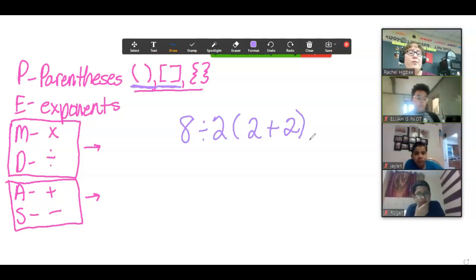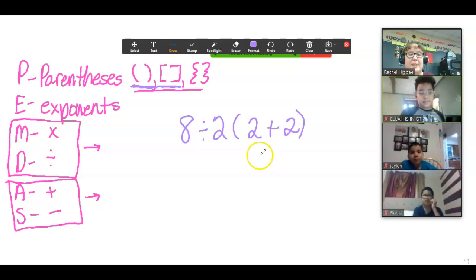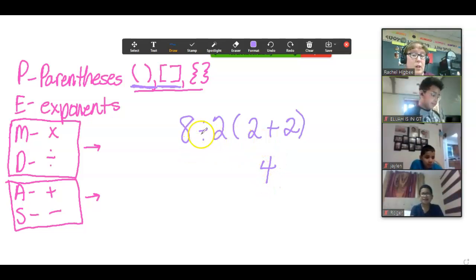All right, what would come first? Elijah, what comes first? Parentheses. Always parentheses. Always. Okay, so 2 plus 2 is 4. Good. Okay, so now I have to rewrite what I didn't use. Okay, so I did not use the 8.